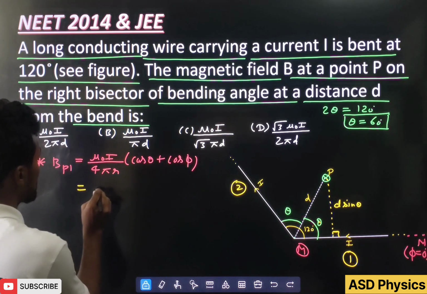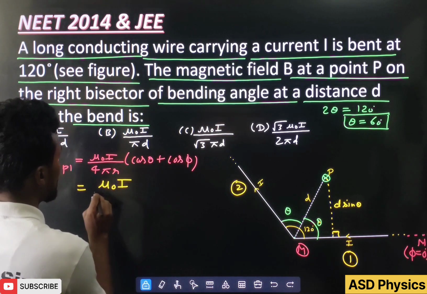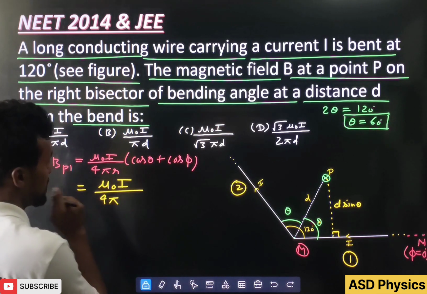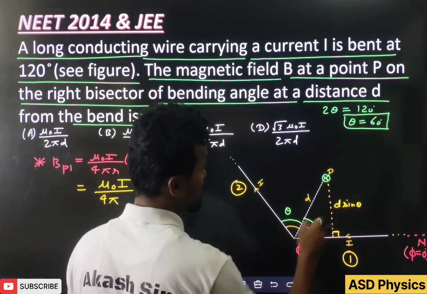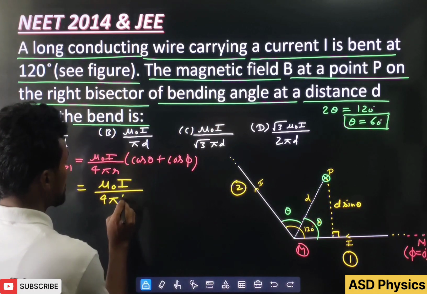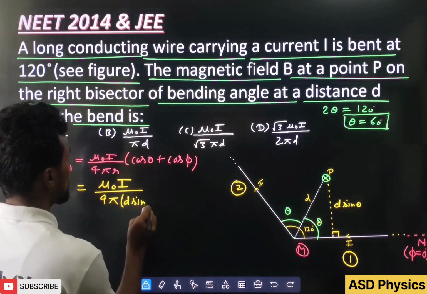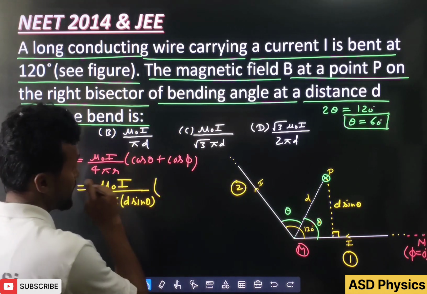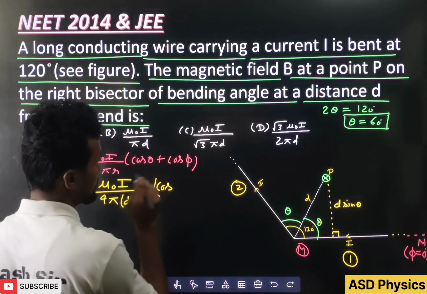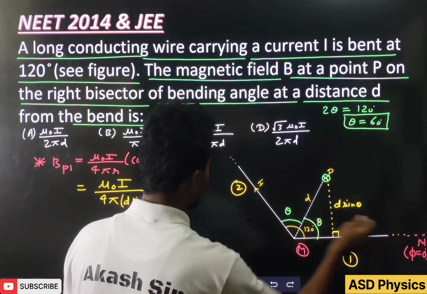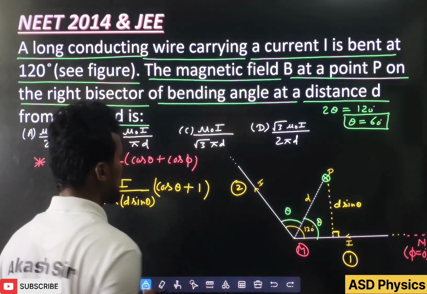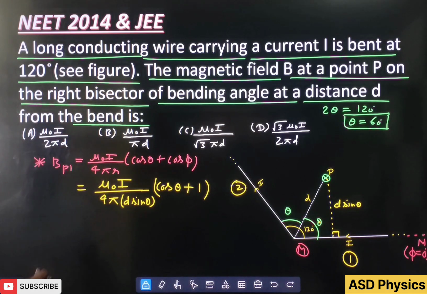Here r is the perpendicular distance, D sine theta. So mu naught I by 4 pi D sine theta, into cos theta plus cos 0. Cos 0 is 1.